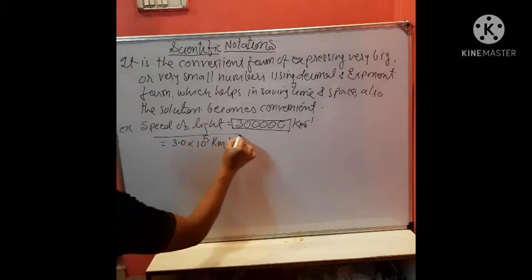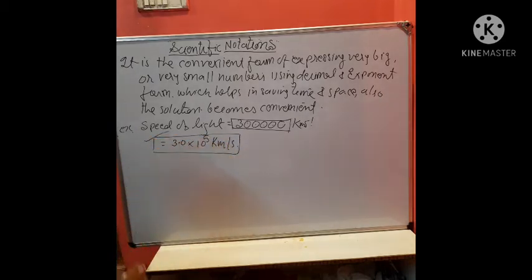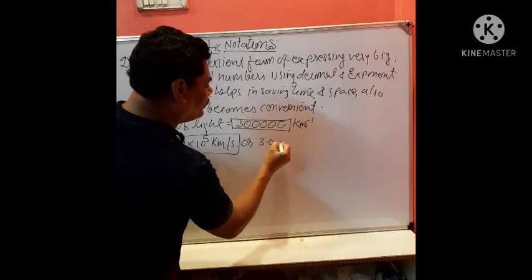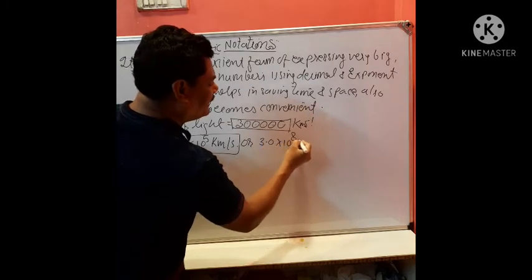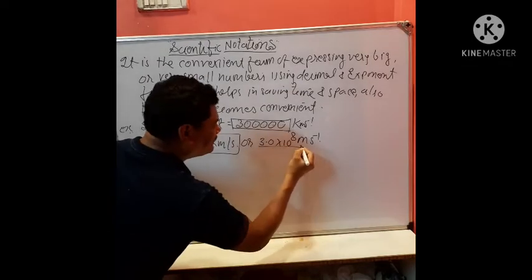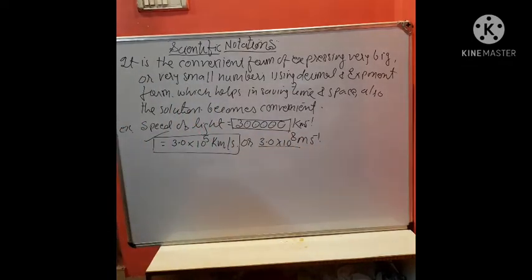So it becomes convenient, it saves time and also space. Or we can write it in the form of 3.0 into 10 to power 8 meter per second. So again, it saves time and space.